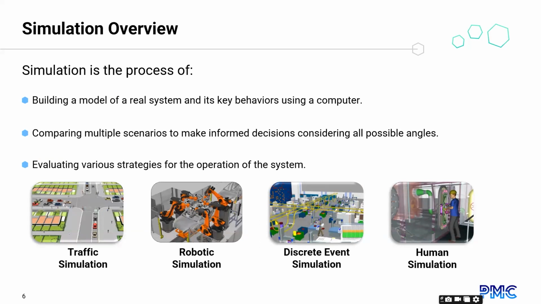Through simulation, we can create and compare multiple scenarios to make informed decisions considering all the possible angles. This enables our client to try out different ways of operating the system without experimenting with the real system.